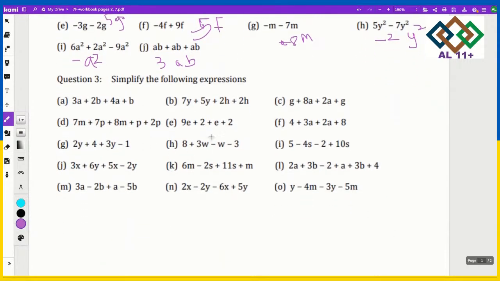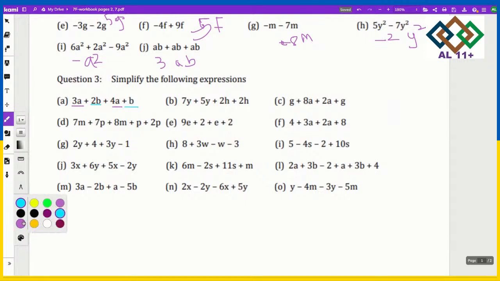So now we are on the next one. This one is so easy. Remember that you have to put them in alphabet order also. A comes first before B. So your answer should have A first and then have B. So let's put different colors for different ones.